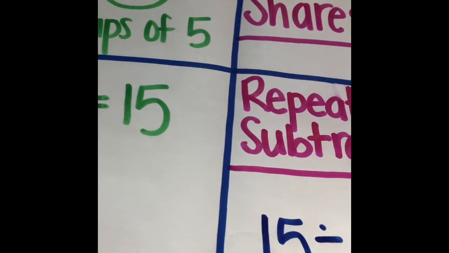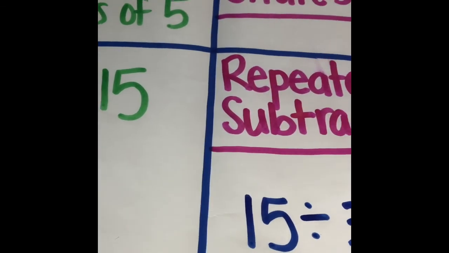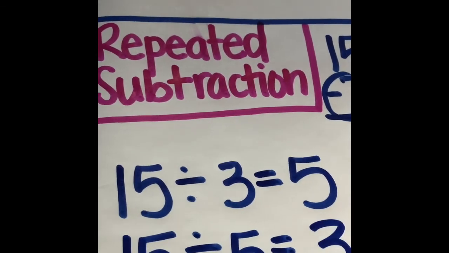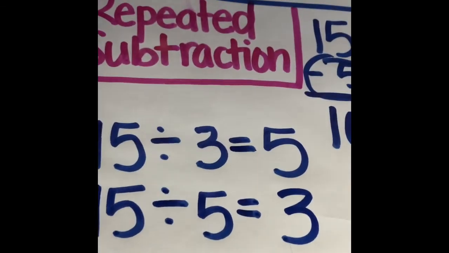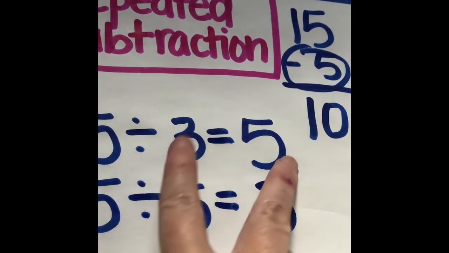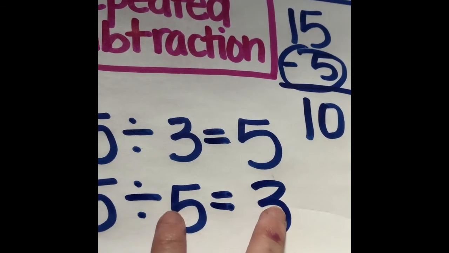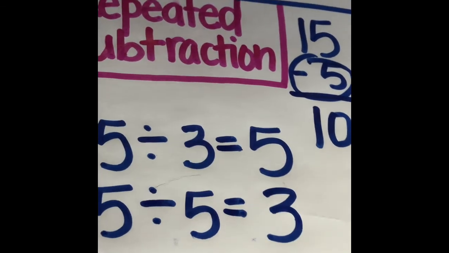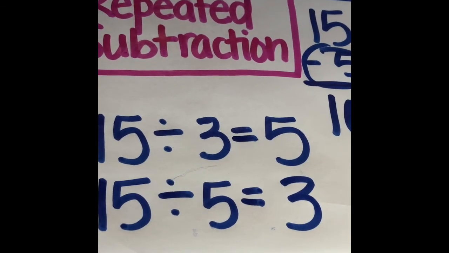Or another way we could look at that same equation is 15 divided by 5 equals 3. So just like in multiplication, the way that I can switch my factors, in division, I can switch my divisor and my quotient, and it's still the same.